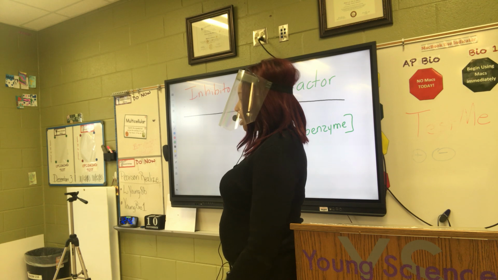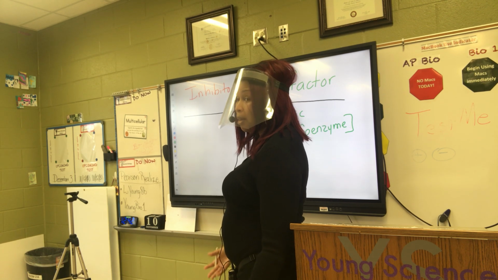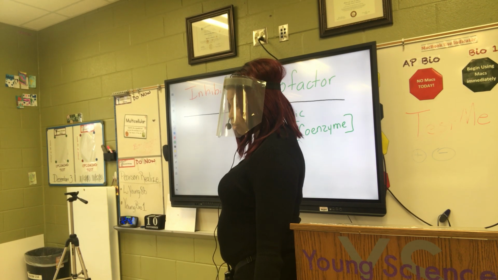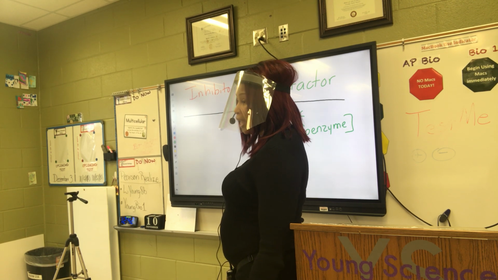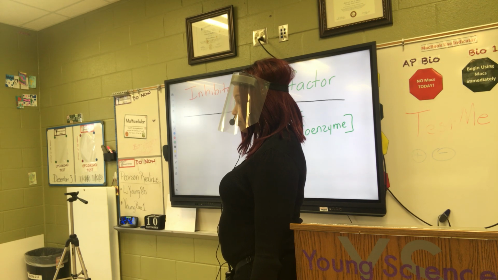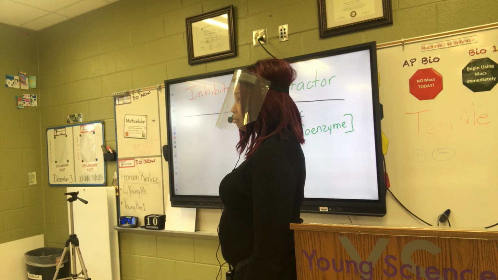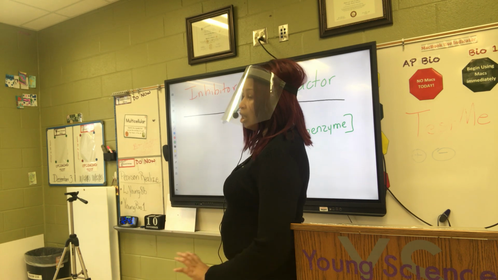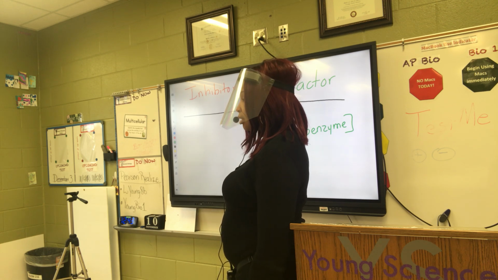So if it's inorganic, like vitamin A, vitamin K, vitamin B, those are enzyme helpers, all right? Wait, the vitamins are coenzymes. The cofactor should have been like ions. All right, so yeah. No carbon, cofactor. Carbon, coenzyme. Yes.